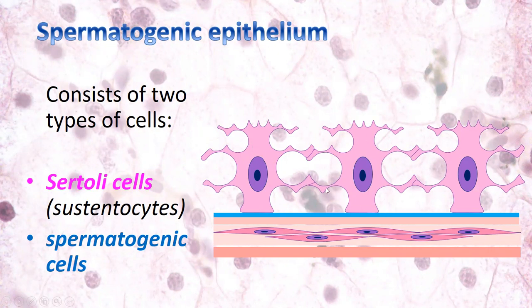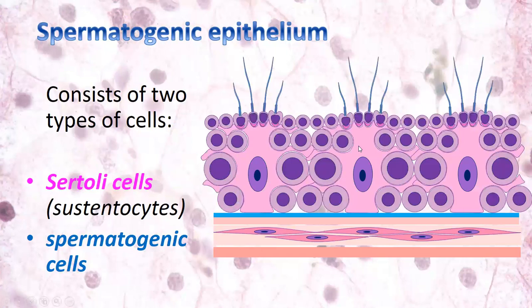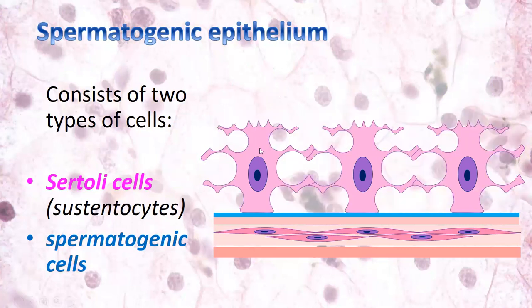They form the basis of spermatogenic epithelium. And also there are spermatogenic cells. Here we can see them, numerous spermatogenic cells, which are progenitors of spermatozoa, and they include following stages. Today we will talk about those stages, but here we should distinguish between Sertoli cells and spermatogenic cells.